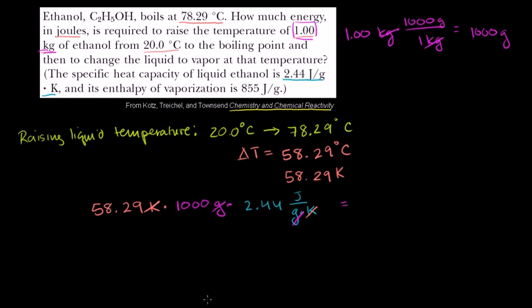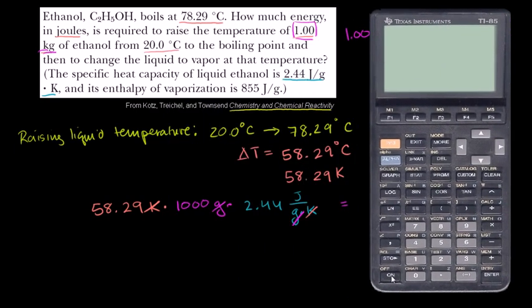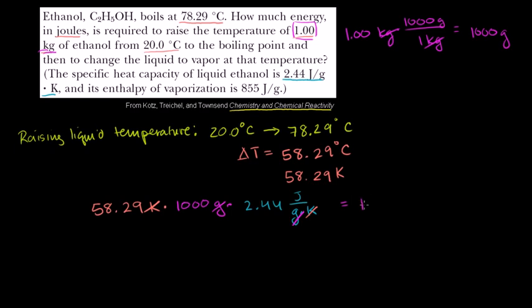And we are left with, let me take out the calculator. So we have 58.29 times 1,000 times 2.44 is equal to, and we only have 3 significant digits here. So this is going to be, we'll just round down, 142,000 joules.